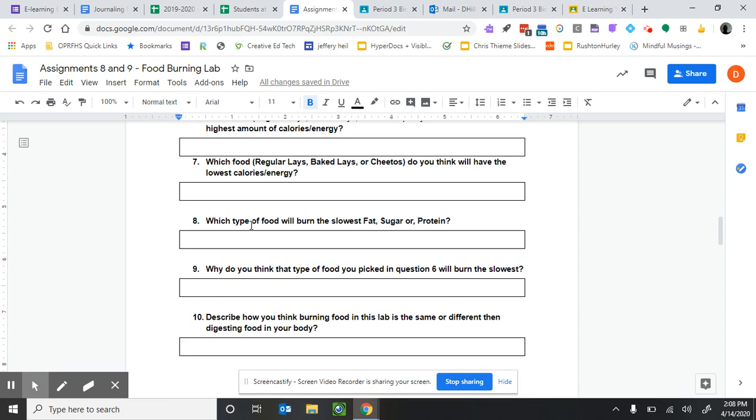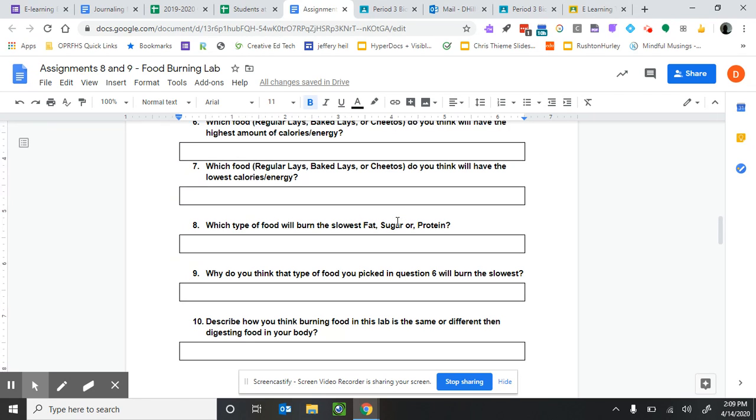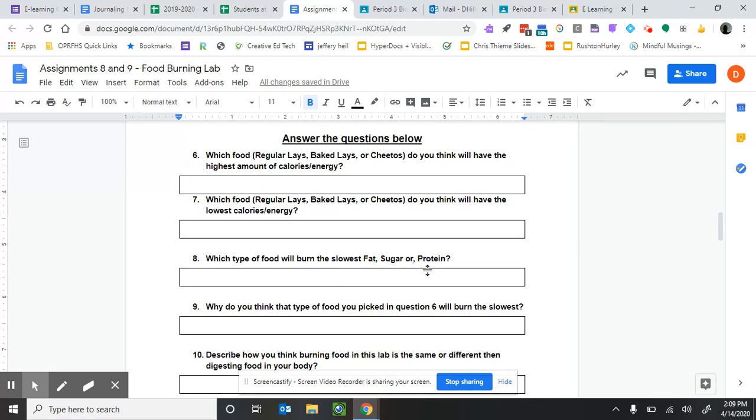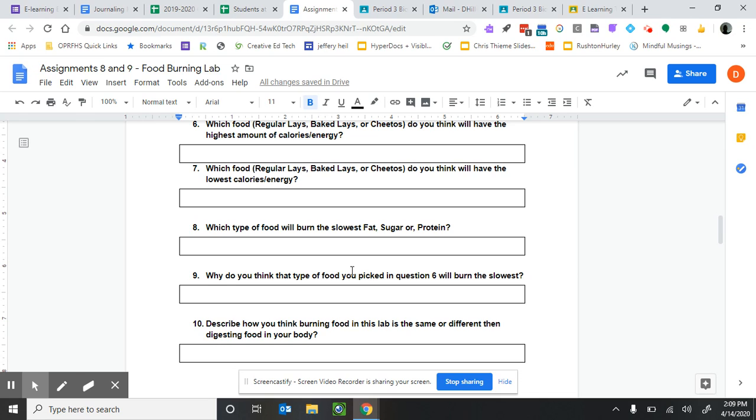Question 8. Which type of food will burn the slowest? A fat, a sugar, or a protein? Because if you think about this question 8 here, foods like chips, which you see here, are made out of fat, sugar, and proteins. Question 9.